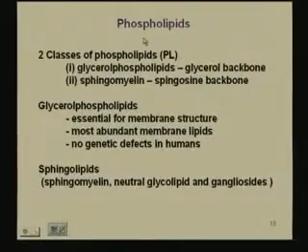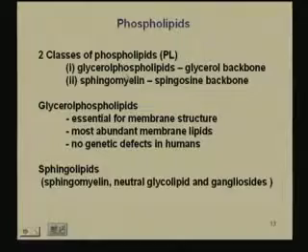Okay. What we have therefore are called phospholipids. What are these phospholipids? In the 2 classes of phospholipids that are present, these form cell membranes. We have glycerol phospholipids that have what is called a glycerol backbone, just like I showed you. We have sphingomyelin that forms from a sphingosine backbone, and in this case, this actually forms a lot of the membrane.